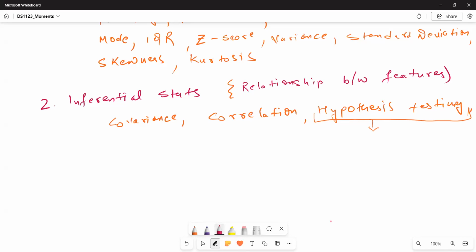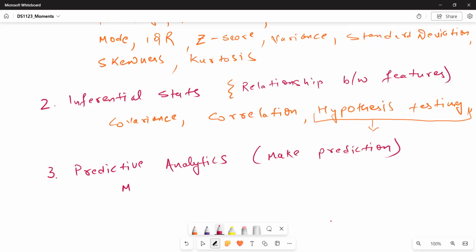Right? Moving on, we have the third part here, which is predictive analytics. This is where we make predictions, and this is nothing but your complete machine learning.